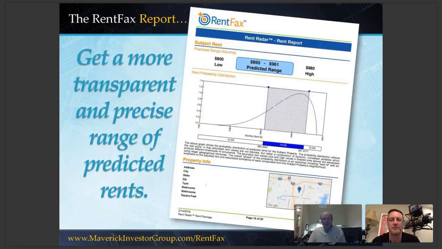When I'm talking to investors, I say, look, use the median of the predicted range. That's a pretty safe number. And if you're in high risk areas with high vacancy, well, you want to go below that. If you're in low risk areas with low vacancy, you can go above that. If you're in season, you can go a little higher.